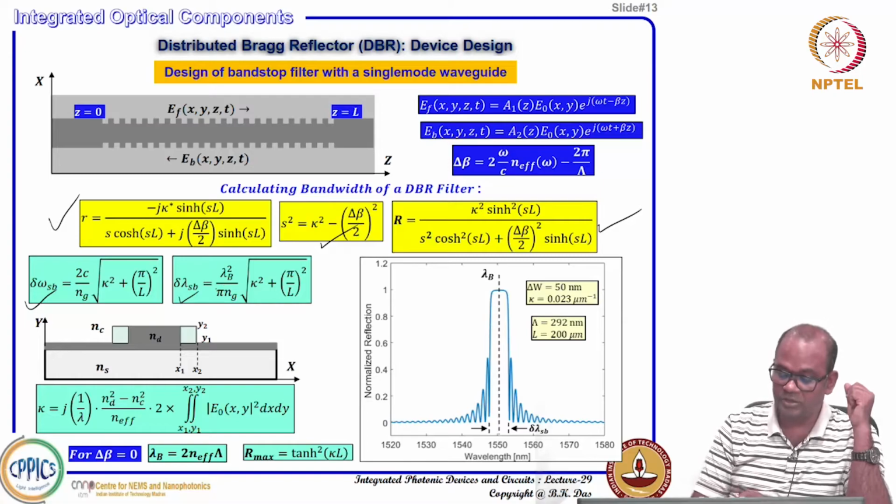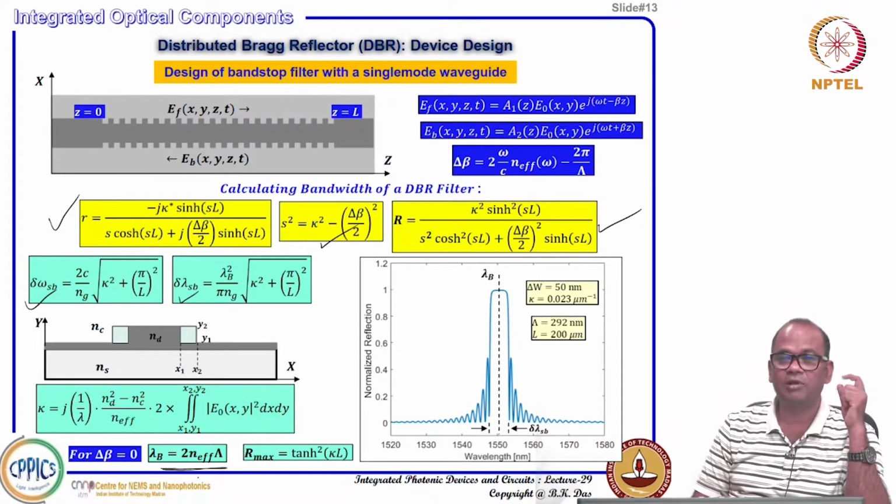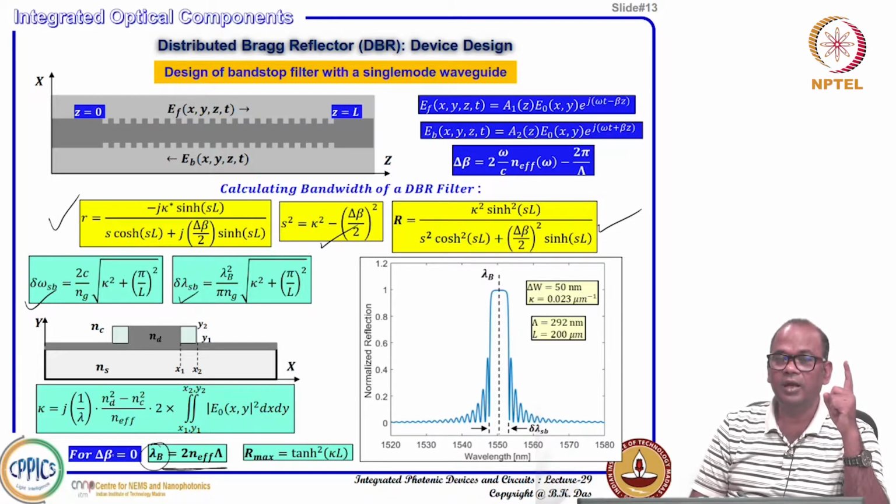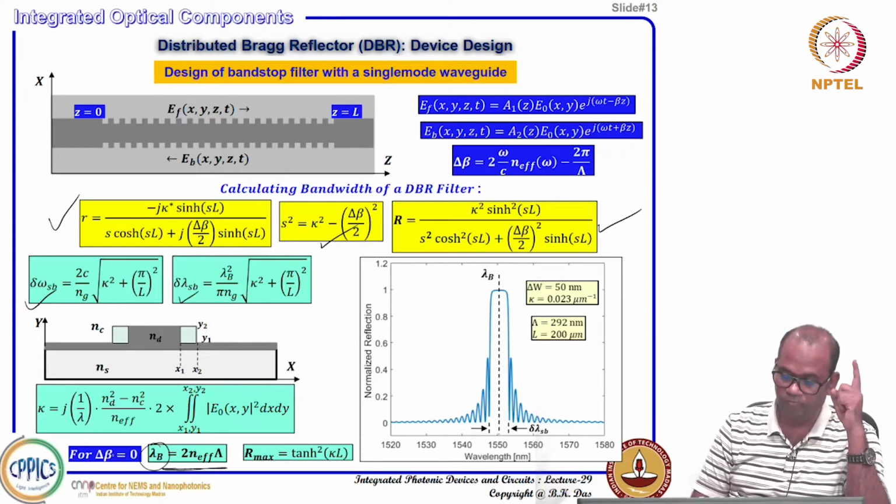And lambda b obviously you know how to calculate, that is for delta beta equal to 0, lambda b equal to 2 n effective times period. So, you can control the period. If you know the n effective index of the waveguide guided mode, and you design a certain period, depending on that a certain wavelength will be the Bragg wavelength, around which point delta beta will be equal to 0.